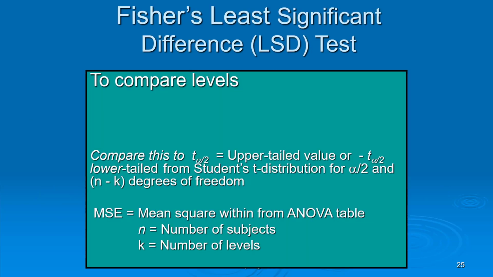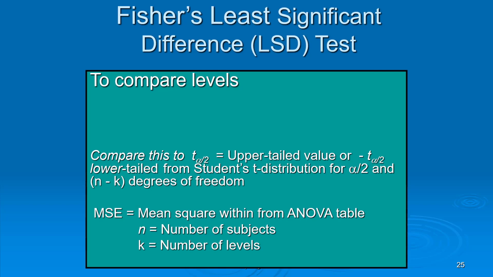Fisher's least significant difference method refers to the use of the residual standard deviation, the square root of within-group variation, instead of the pooled standard deviation to calculate the standard error. So in each pairwise comparison, we estimate the standard error based on the variance in all groups.